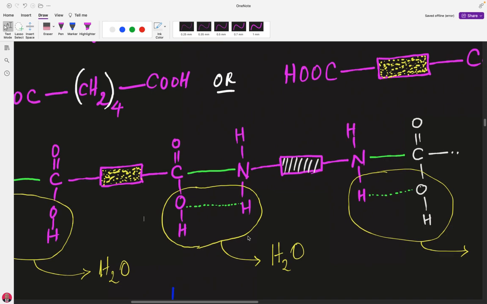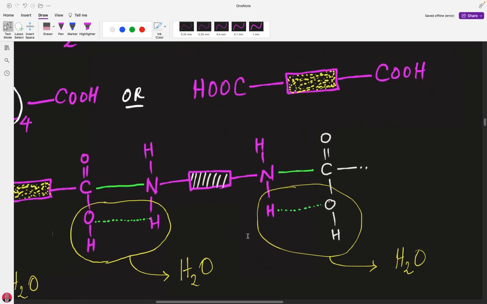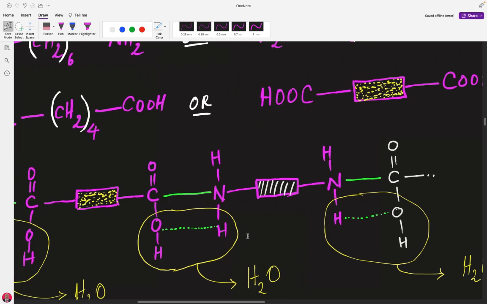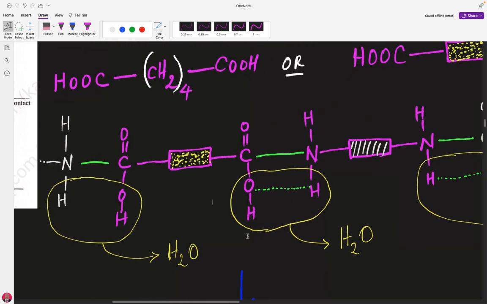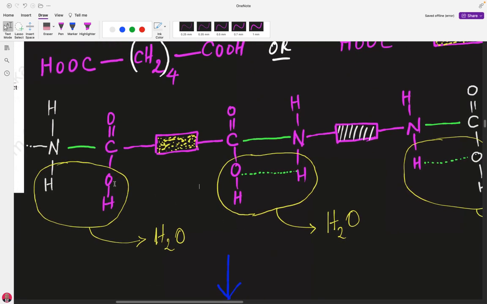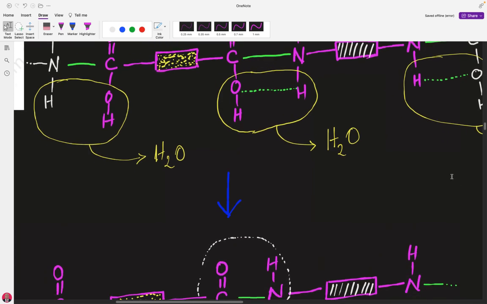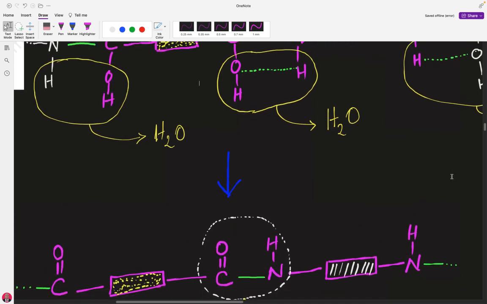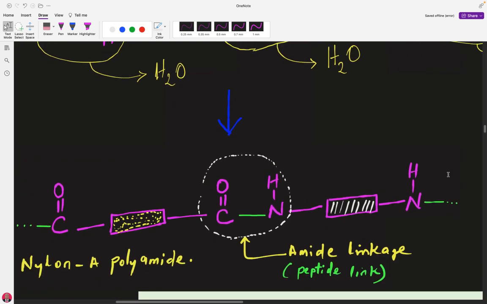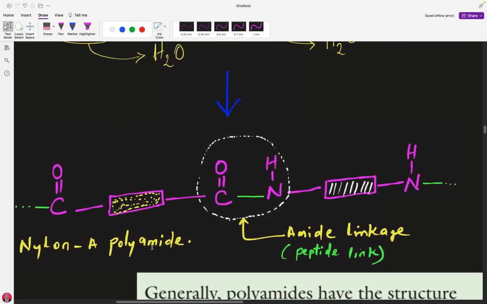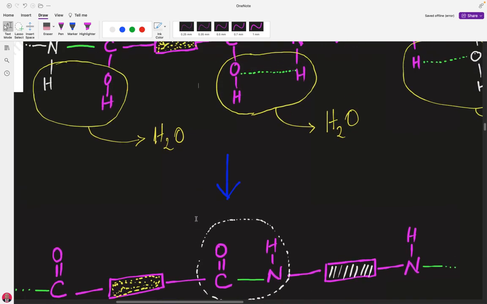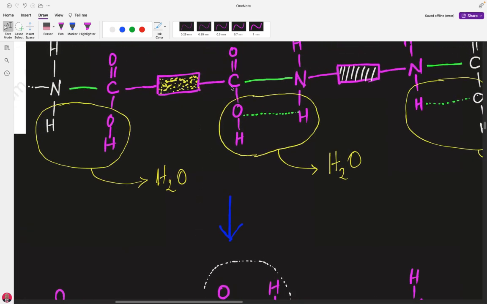Then the result of this reaction between hexane 1,6-dioic acid and hexane 1,6-diamine is what? There is a polymerization taking place. Water is released, and a polyamide is formed because a bond is formed between the carbon and the nitrogen.